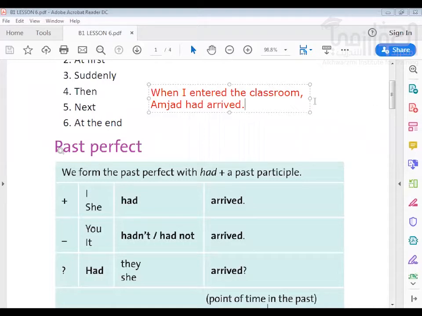So we have this sentence here. When I entered the classroom, Amjad had arrived.